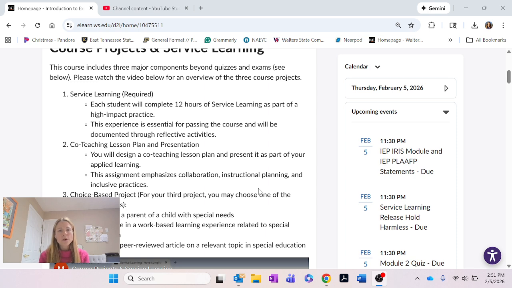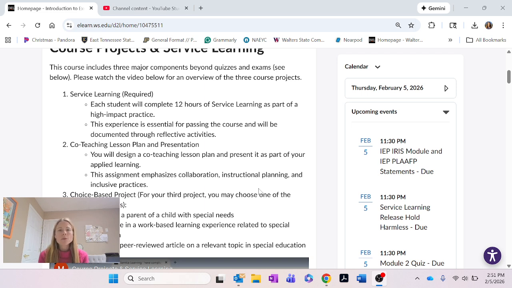Now, you can choose a partner in our class, which is fine, and we can be very creative these days in how we work with people. There are different platforms. You could use Facebook. You can FaceTime, not Facebook, excuse me, FaceTime. You can use Zoom or Teams or phone calls or share Google Docs. So there are lots of ways that we can be creative when we're working with a partner.